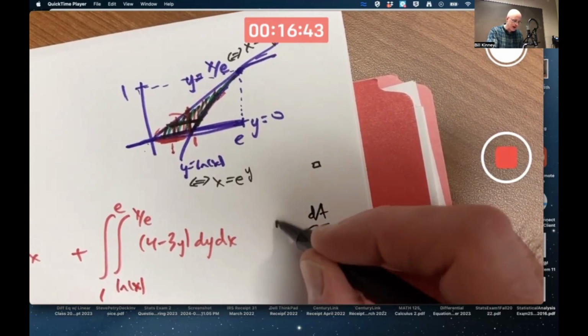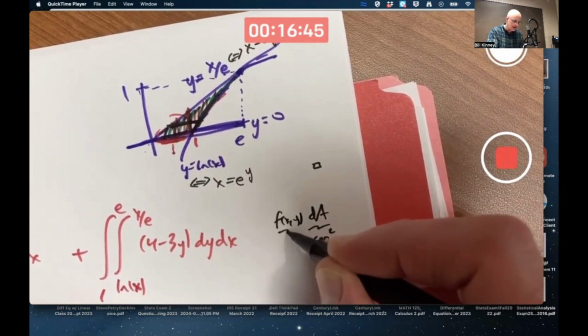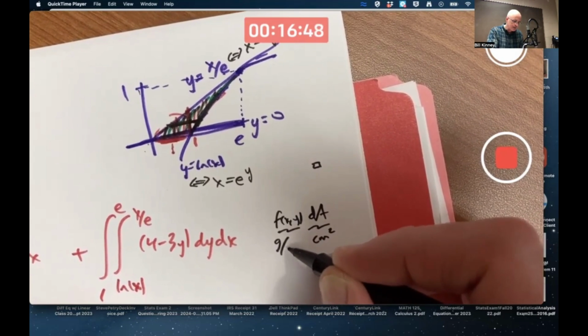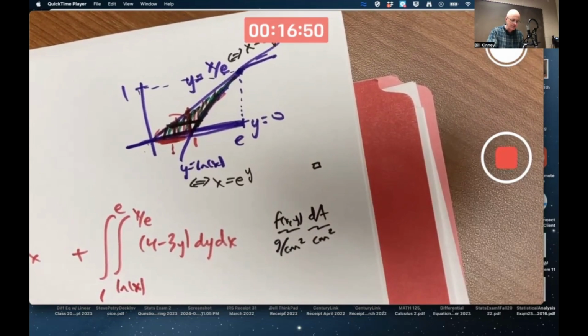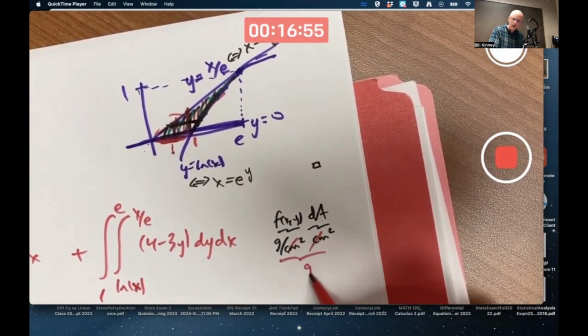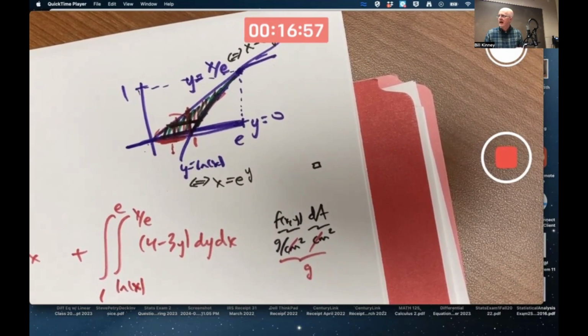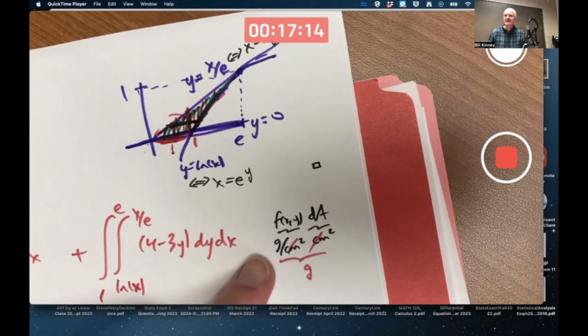And if you multiply by the function, where the function is giving you grams per square centimeter, and you pretend this is a product, the square centimeters would cancel, giving you something in grams. And integrating is supposed to be analogous to adding, adding up these tiny masses to get the total mass. That's an intuitive approach. It's not rigorous. It's an intuitive approach to why doing the double integral of such a density gives you the total mass.